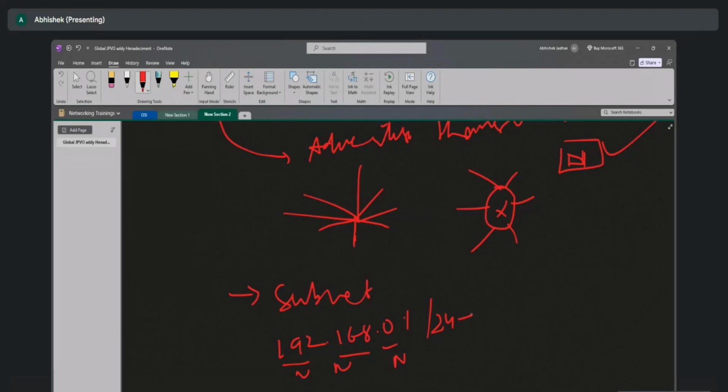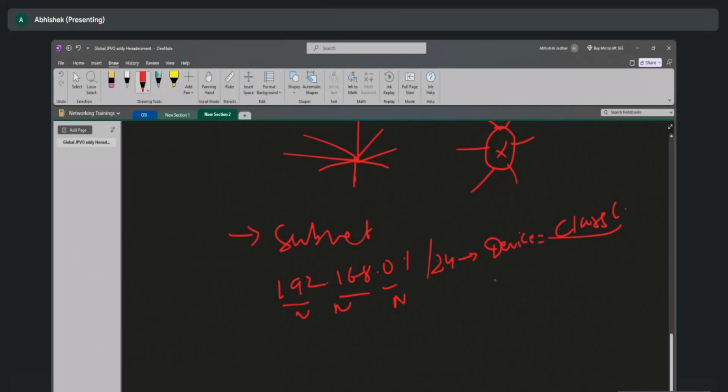So I am telling my device that I am assigning this particular IP address to you and your subnet is 24, which means you should be in class C of IP. Your device will get this IP and understand that it is a class C IP address. Based on that, it will only communicate with class C IP addresses, because communication happens from IP to IP within that class only.